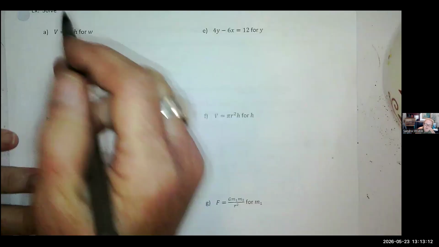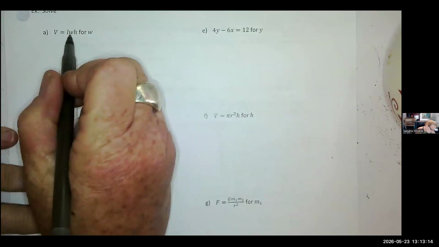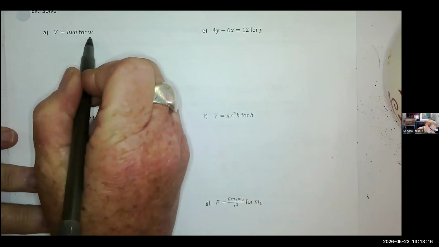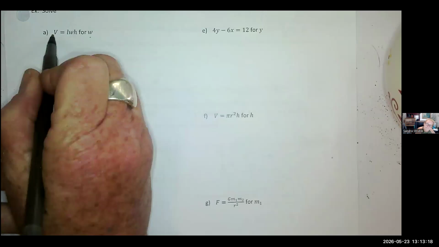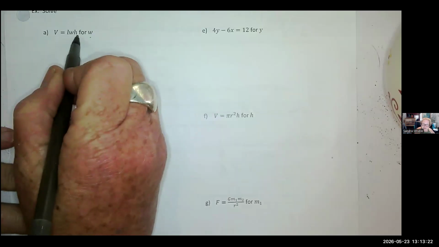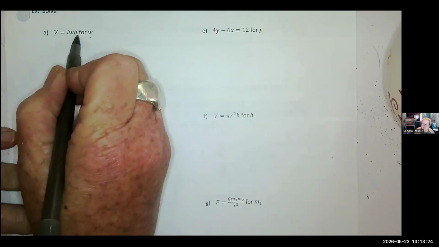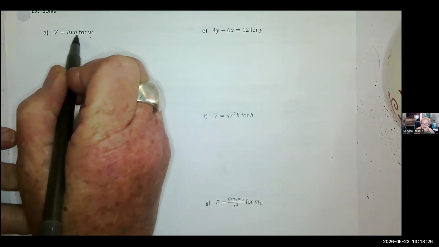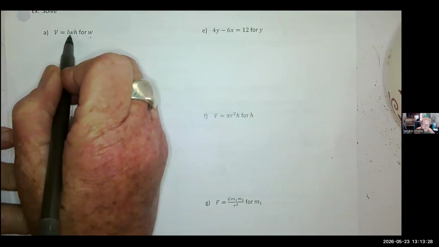Dog hair, sorry about that. So in this case, we are going to be solving for W. Well, V is on one side equal to, these are all multiplied. How do you get rid of items that are multiplied to the item you want all by its little lonesome? You divide both sides by those items.